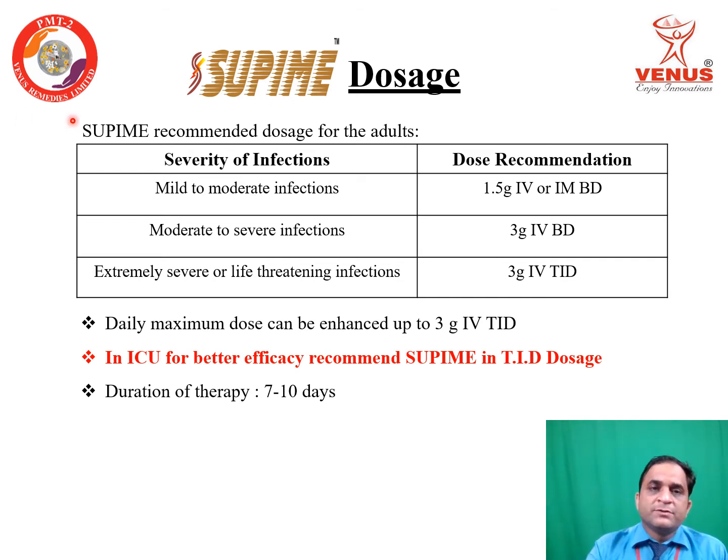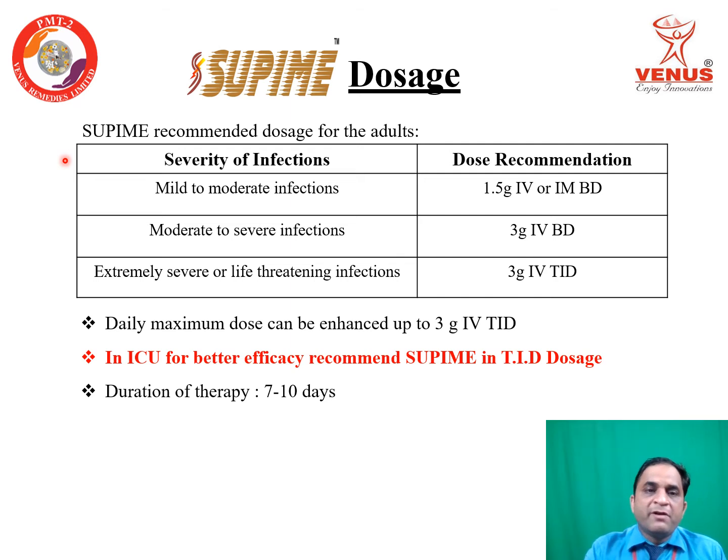So first we will discuss Supine dosage. Supine recommended doses for the adult, according to the severity of infection: in mild to moderate infection, the recommended dose of Supine will be 1.5 gram IV BD.